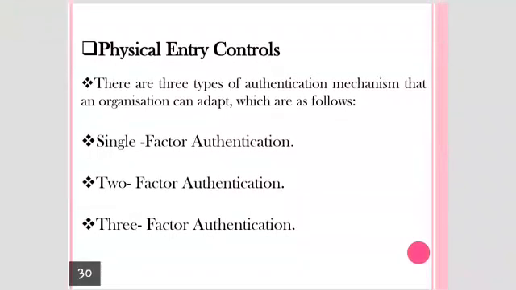The same idea applies in two factor authentication: first the user has to give the password, then a second factor, another physical characteristic such as voice recognition, signature recognition, or a smart ID card. Now, three factor authentication is a mechanism in which a combination of three types of physical security authentication mechanism is used.